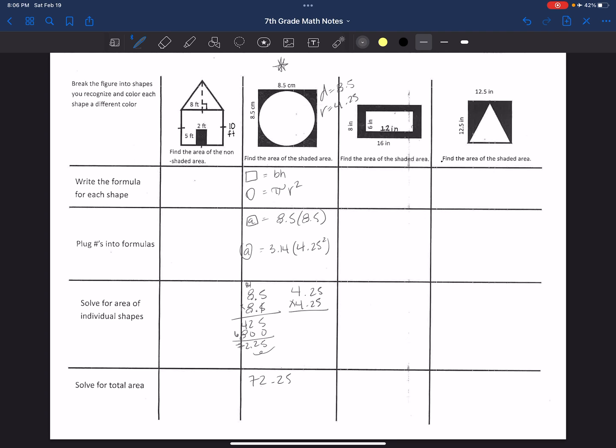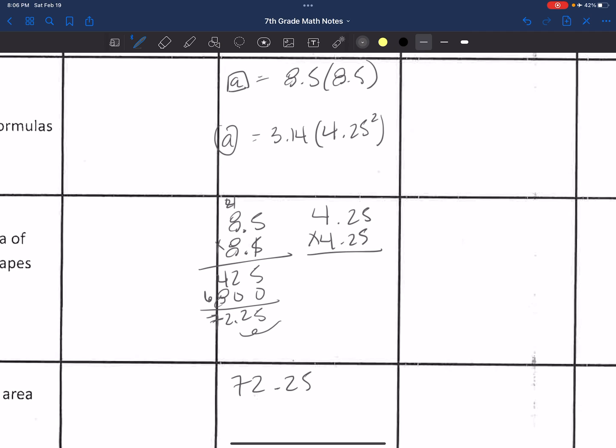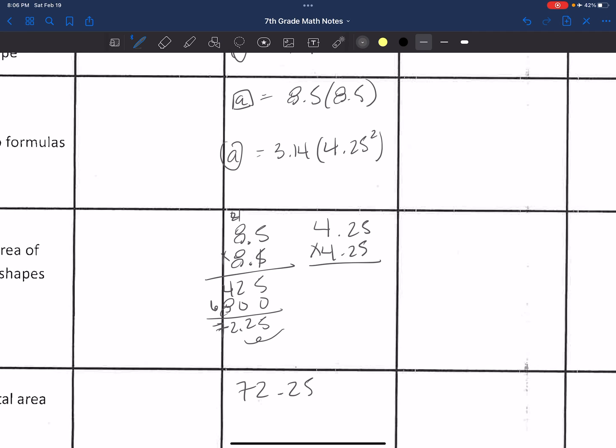Don't get a headache, but I'm going to zoom in just so I have more room. 5 times 5 is 25. 2 times 5 is 10, plus 2 is 12. 4 times 5 is 20, plus 1 is 21. 0 placeholder. Now I am multiplying into the second number. 5 times 2 is 10, carry the 1. 2 times 2 is 4, plus 1 is 5. 4 times 2 is 8.